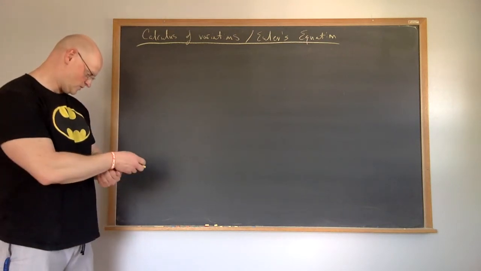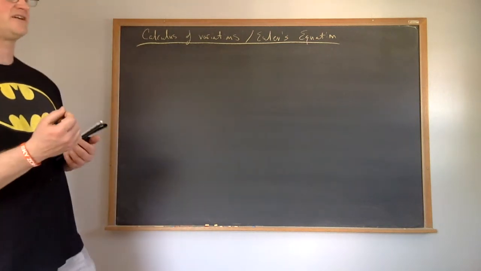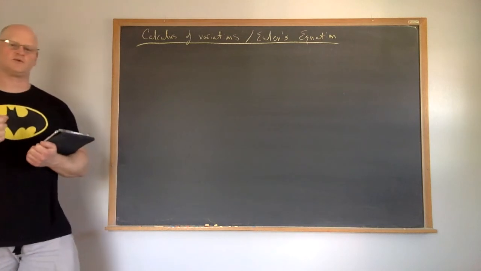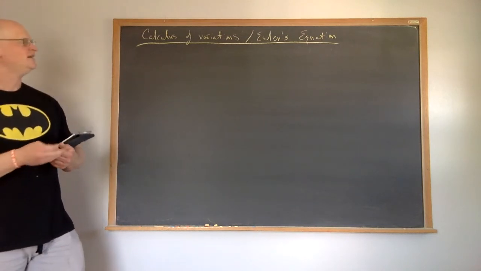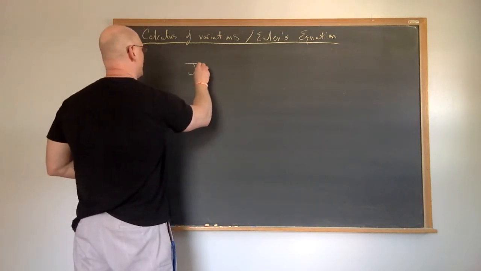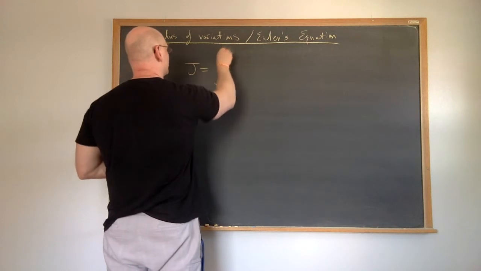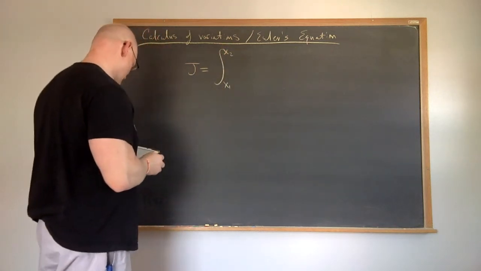So basically, we're going to talk about what's known as the calculus of variations. What the calculus of variations does is it finds a way to extremize a function. So let's say we have something that we want to extremize. We're going to call that thing J. And this thing is going to have fixed boundary points. So let's say we're going to integrate this from some x1 to x2.